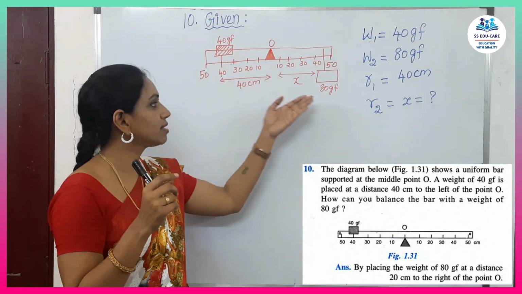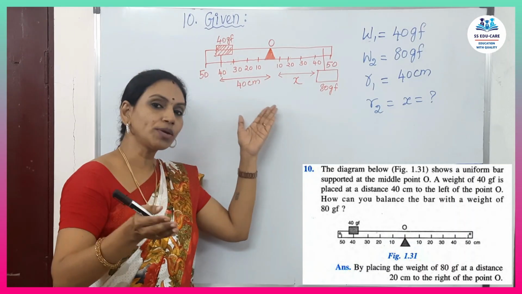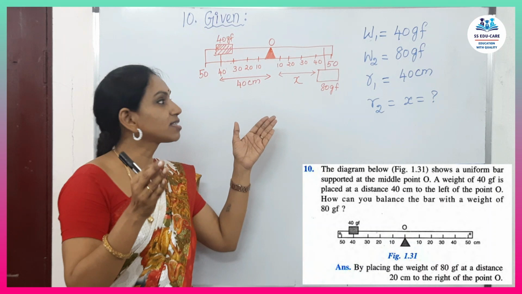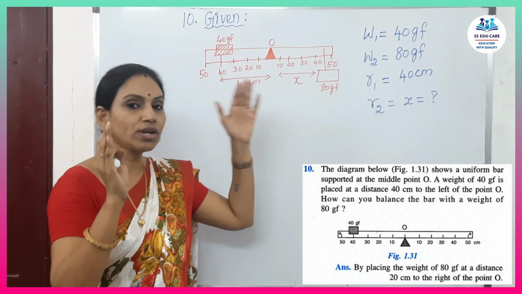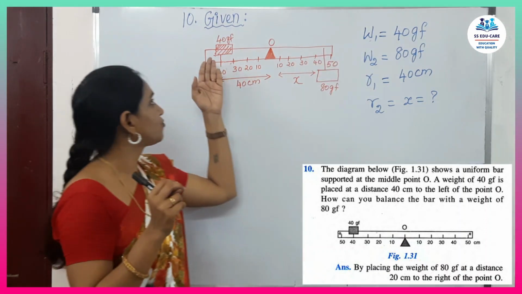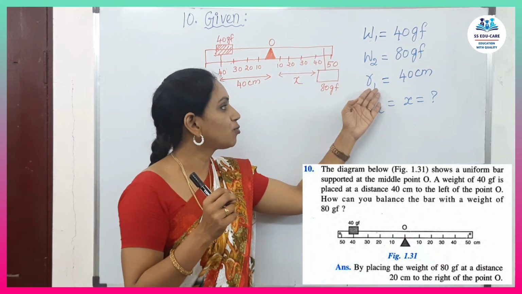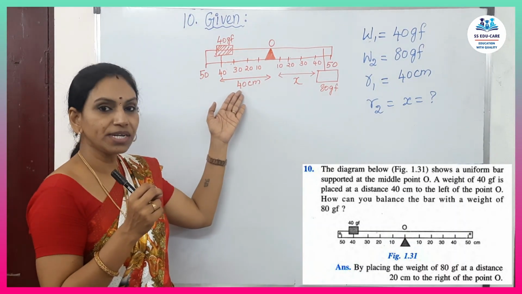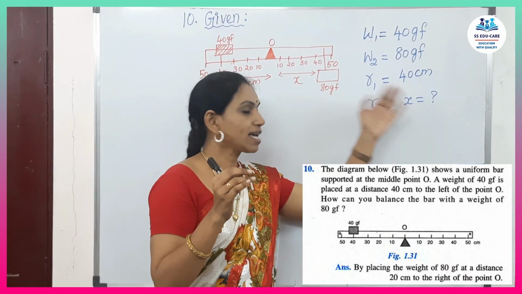Since it is more than this, if we keep it here, the bar may not be balanced properly. So let's write the given: W1 is 40 gram force, W2 is 80 gram force, R1 distance is 40 centimeter. Now we should find out R2, that is your X.